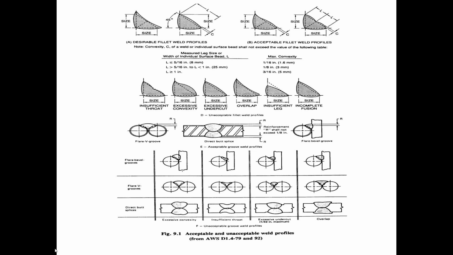There are examples given of acceptable and unacceptable weld shapes. So let's just start at the top and work our way down. So top left, in section A, it says desirable fillet weld profiles.